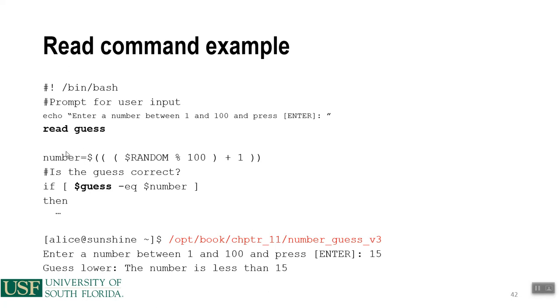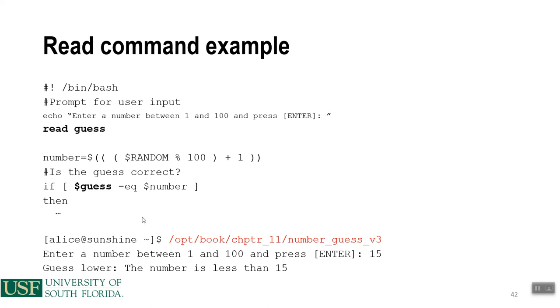Then the number is going to be assigned a random number, mod 100 plus 1. And then it will see if the number is equal to the number that was provided by the user. Then it will execute the rest of the script.